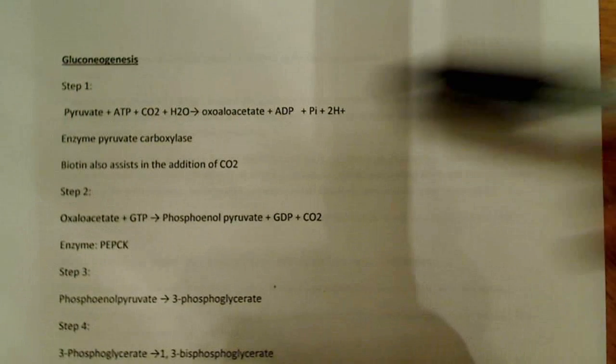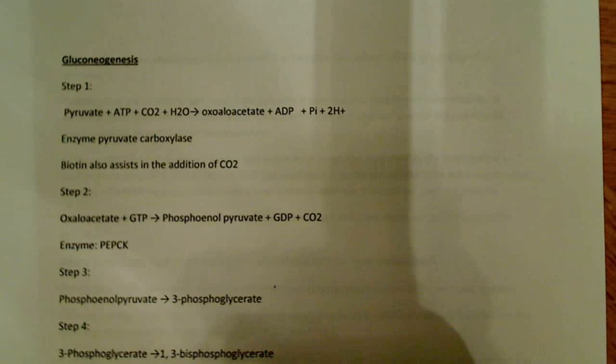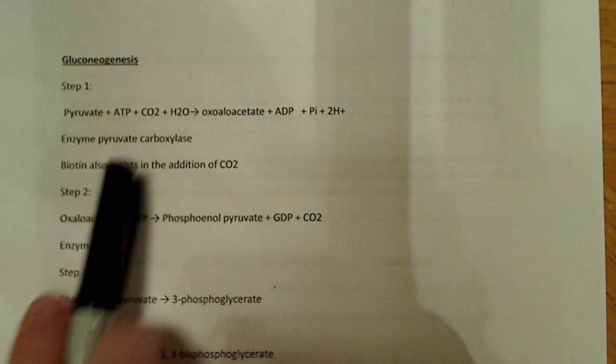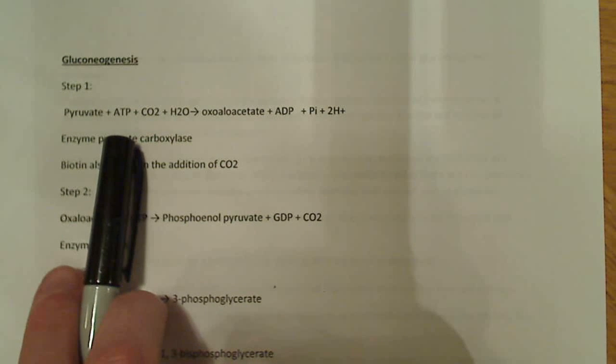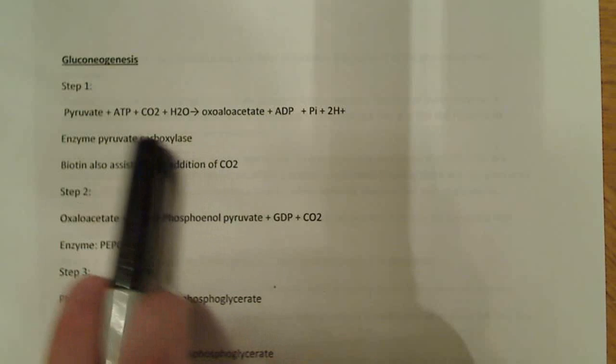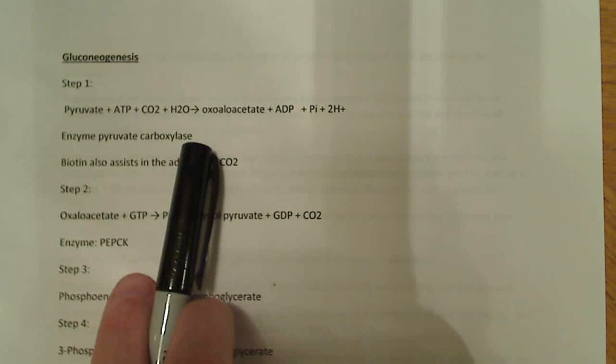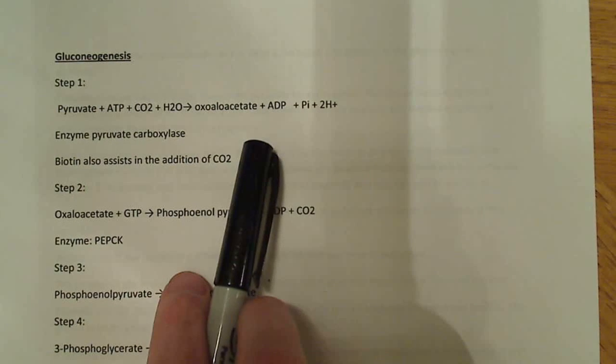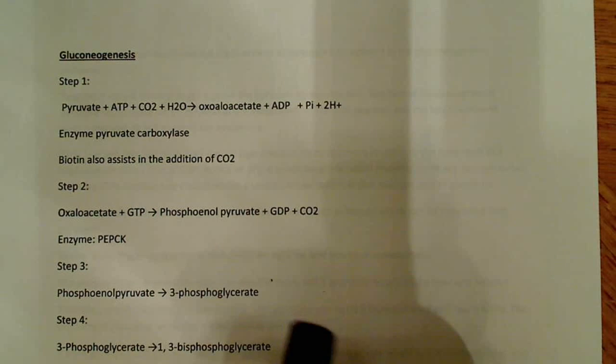The enzyme catalyzing that reaction is known as pyruvate carboxylase, and that's really important because, think about it, we need energy here. We're using ATP to make this; we're coupling this reaction to ATP hydrolysis to make it favorable, to overcome the energy barrier.